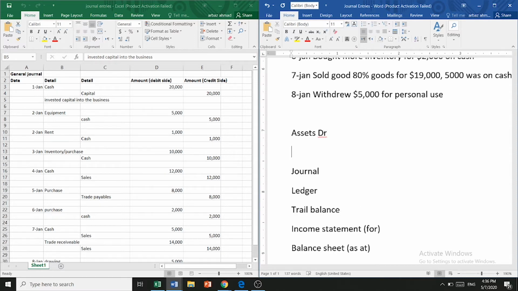This excludes the cash book, because the cash book will have debit and credit: when we receive money it's debit, and when we give out money it's credit. So liabilities will be credit, and capital will also be credit.